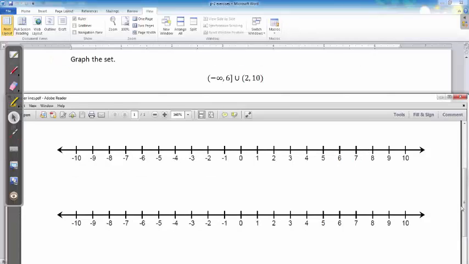Graph the set, and I just brought up my number lines down here so we could graph on this set. So this is a union of two intervals, but that's not any harder to deal with because remember, union just means everything in either set. So we have one that's going from -infinity to 6.